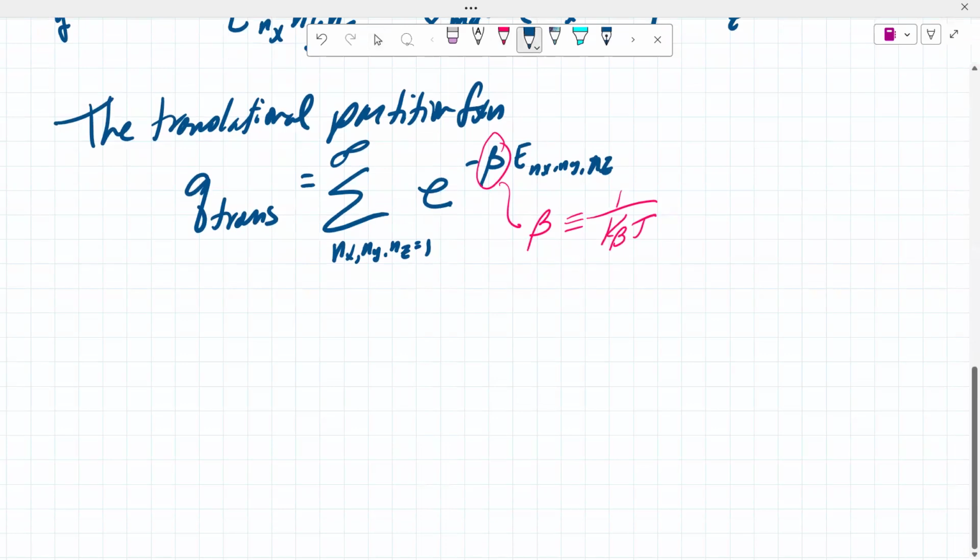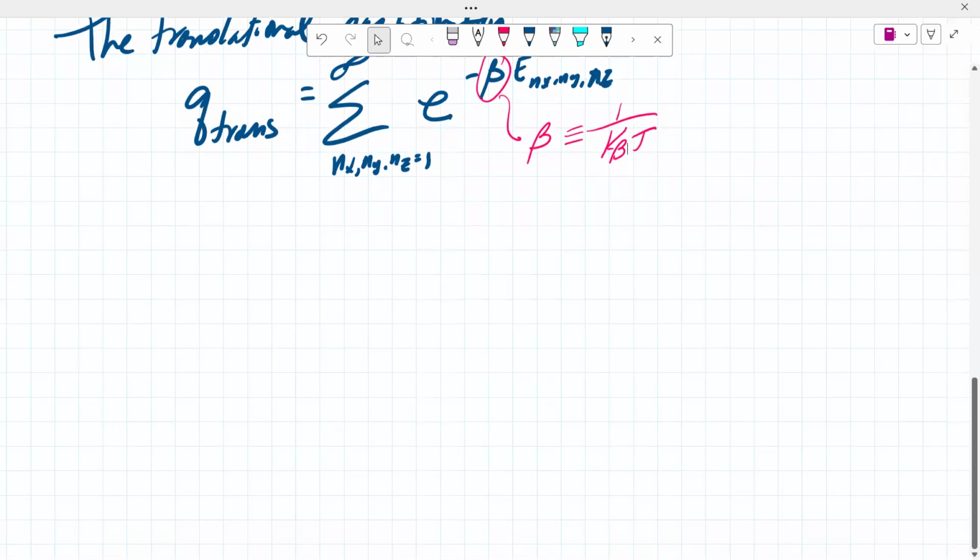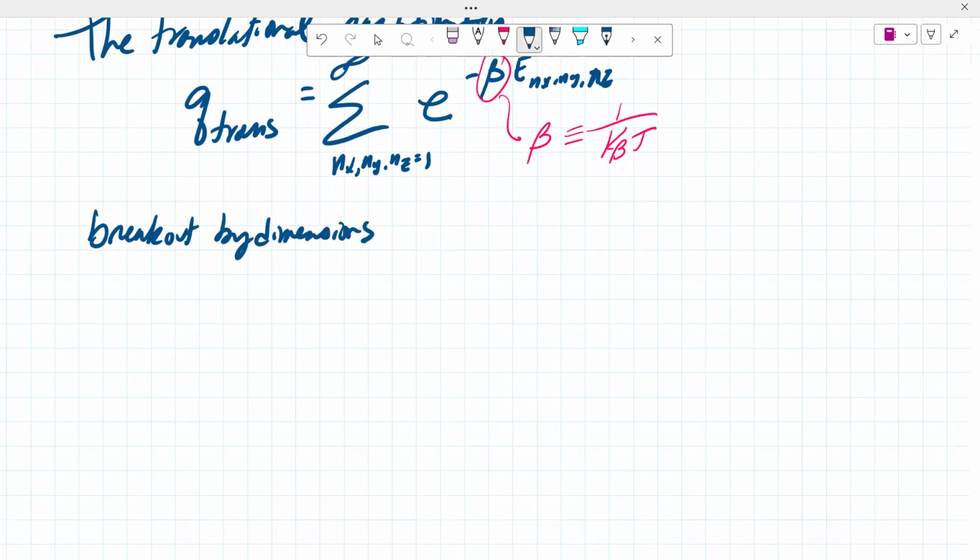All right. This can be broken out into the sum over each of the dimensions. So there's one for each. Okay. So how would this look? All right. q trans, so basically, oh yes, start way over here because it's going to be long.